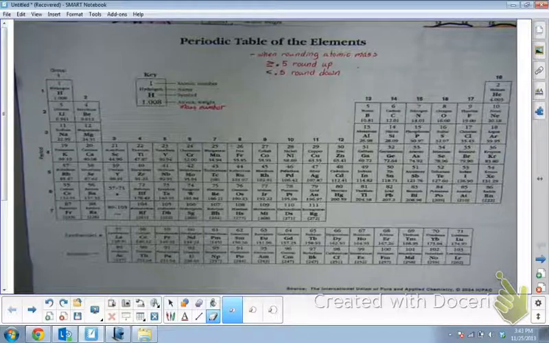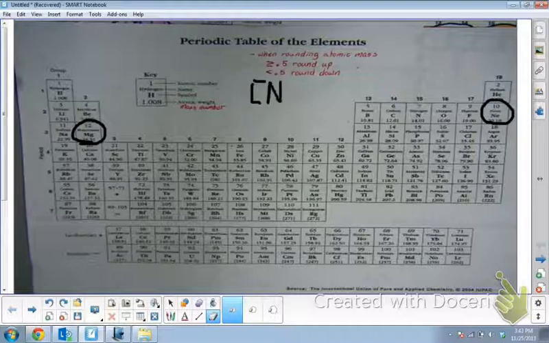Let's say we're looking at the element magnesium. Here's magnesium on the periodic table. We look at the nearest noble gas, and if you said the nearest noble gas to magnesium is neon, then you'd be correct. First we write neon in brackets, because it's the nearest noble gas.